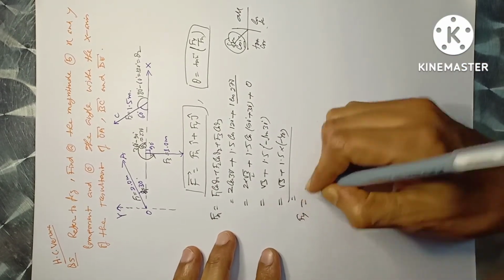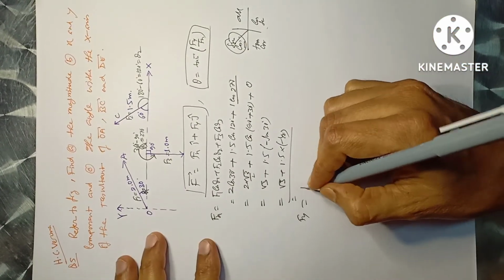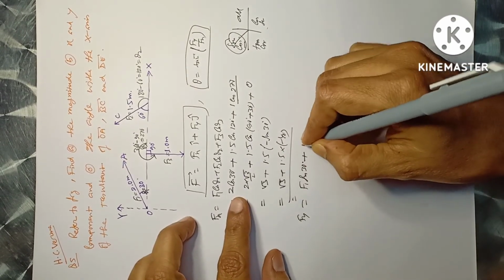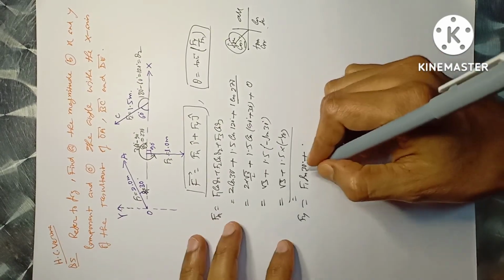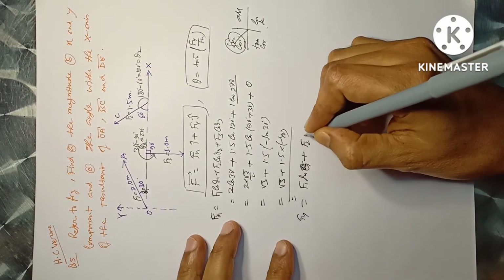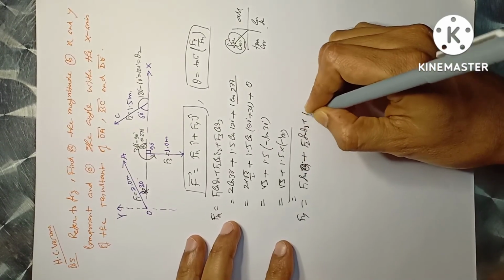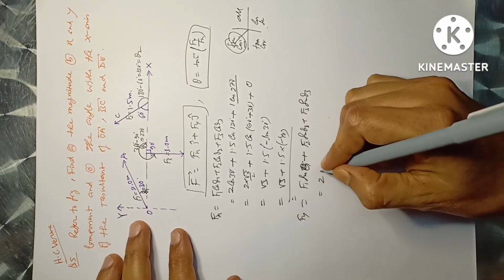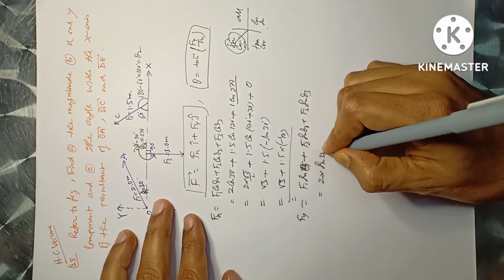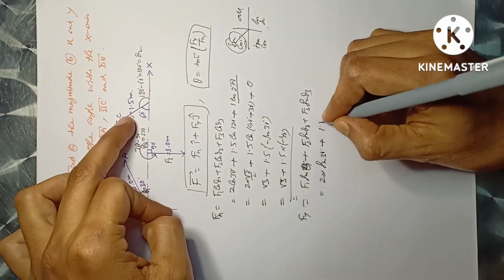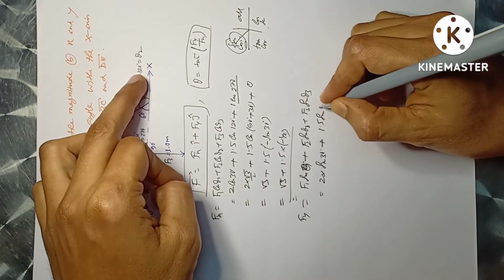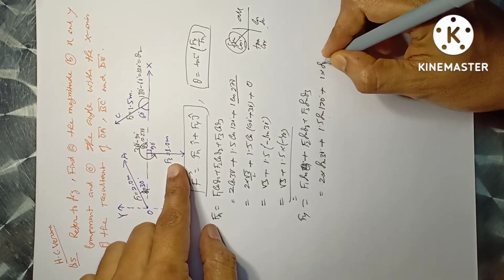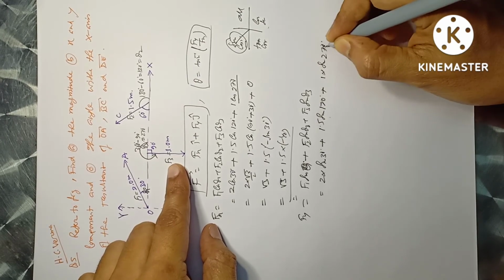In the similar way we also get fy: f1 sin theta 1 plus f2 sin theta 2 plus f3 sin theta 3. Just substituting, we get 2 into sin 30 degree plus 1.5 sin 120 degree plus 1 into sin 270 degree.